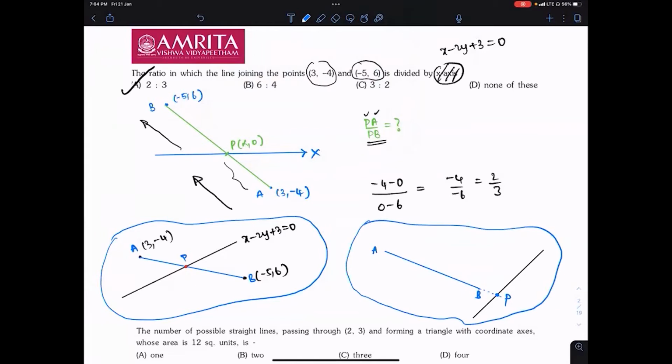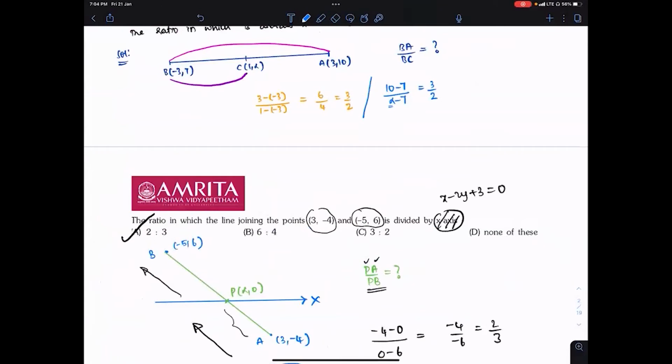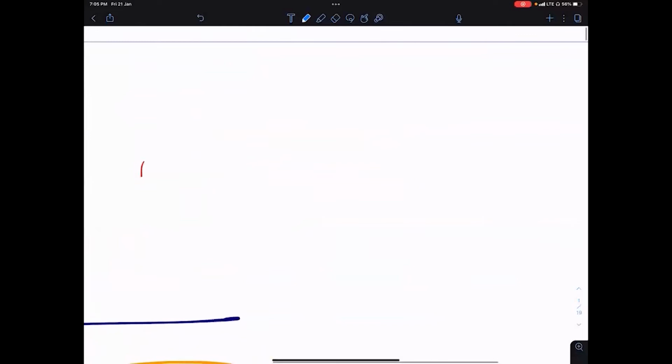Now, there is a simple formula for this one. I'll just write down, here, space is there.